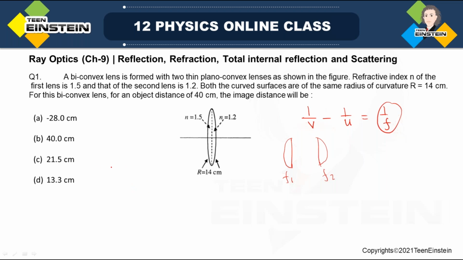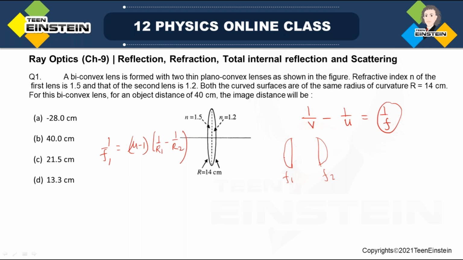So we know the formula for focal length, for this f1 it will be: 1 by f is equal to mu minus 1 whole into 1 by r1 minus 1 by r2.